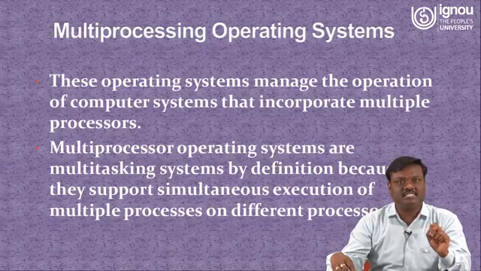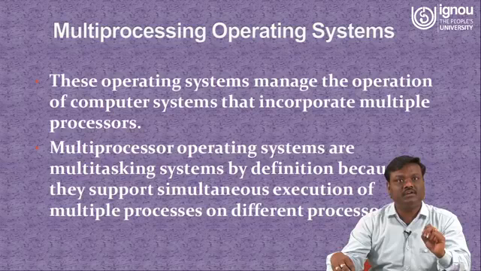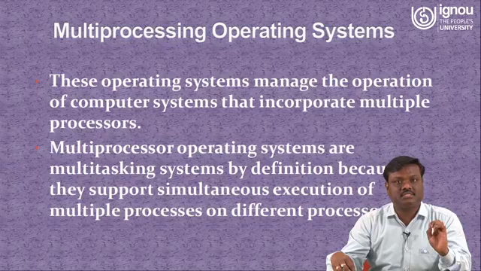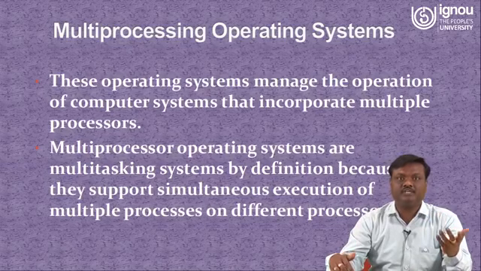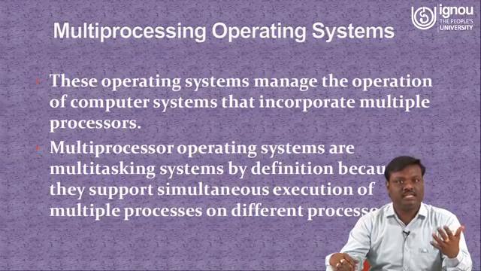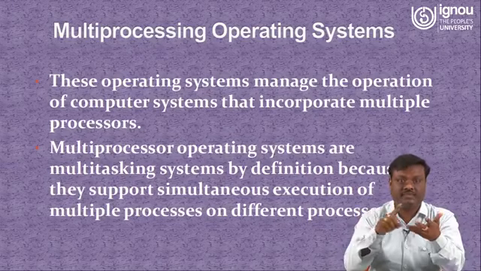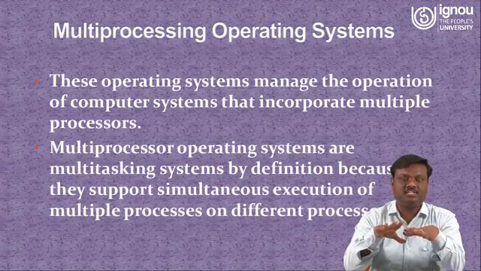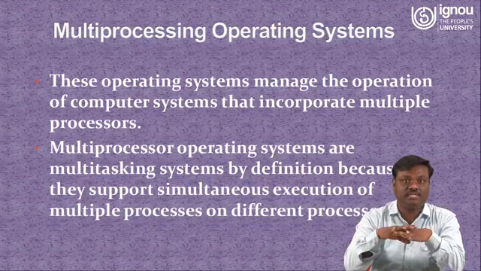So these systems have many processors and many processes. The RAM also may be 1, or RAM may also be 1 plus. So there are several processes, several processors, several resources, and a single operating system. All these things need to be coordinated by the single operating system.